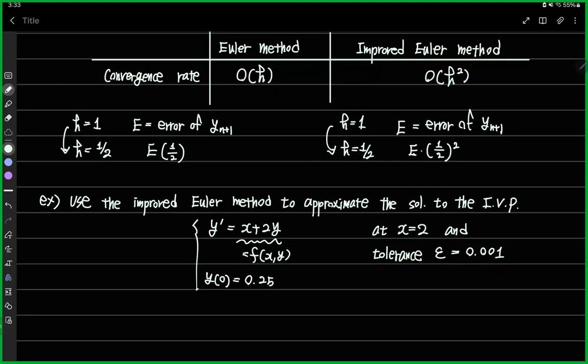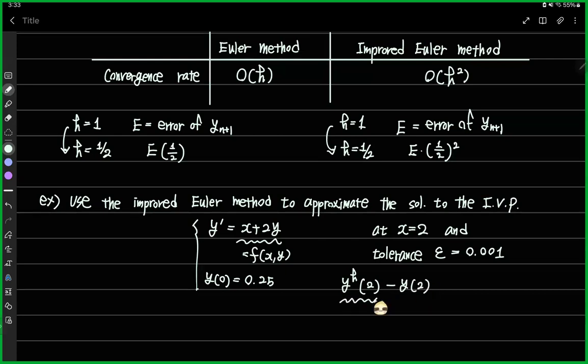It means that here we want to find an approximation with accuracy within epsilon, which means that if we say y superscript h is the approximation obtained by the improved Euler method, y superscript h at x equals 2 minus y of 2.